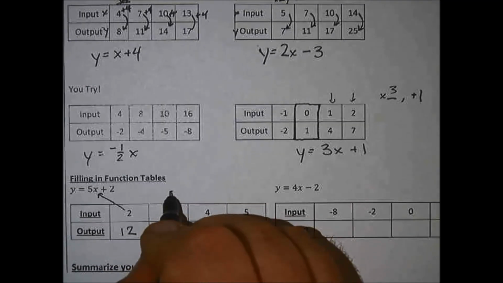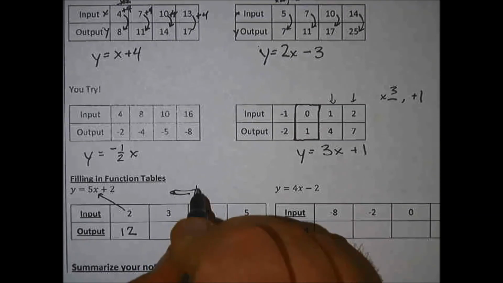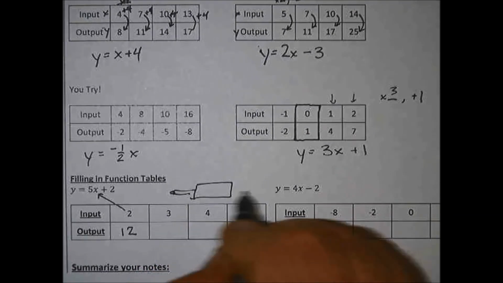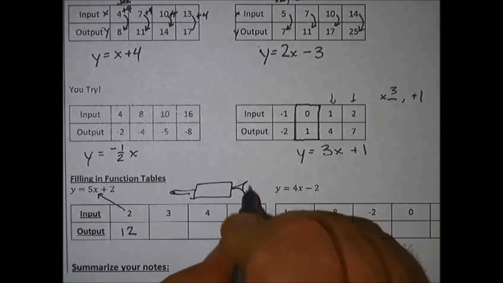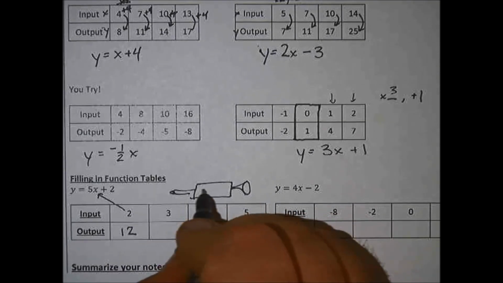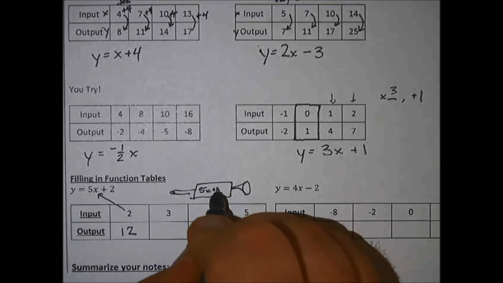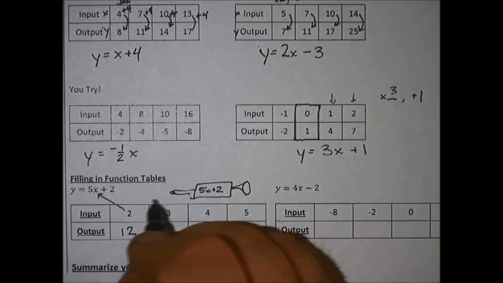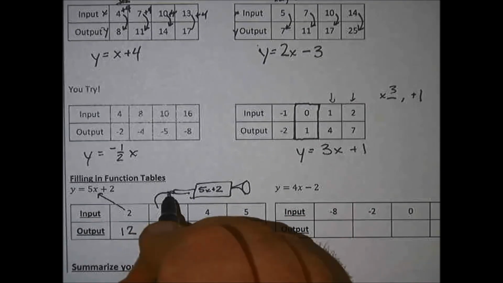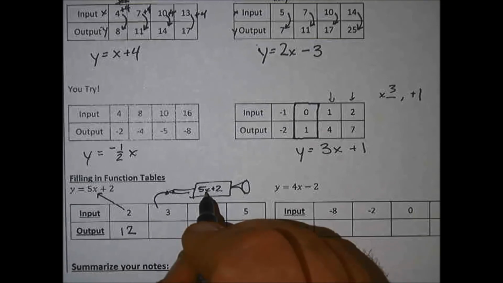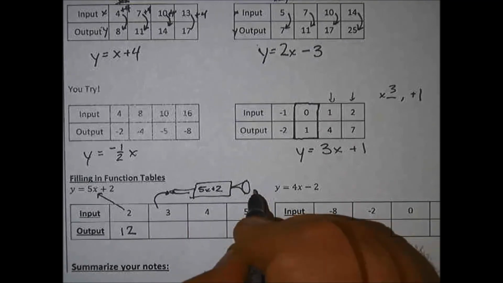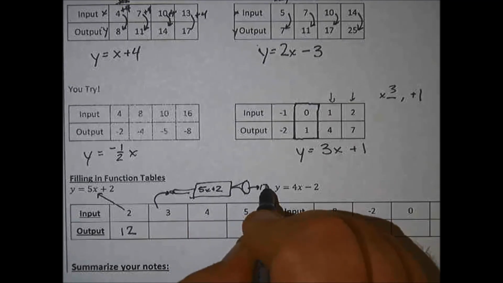Remember that picture I drew? Okay, we have this function machine here, and it's going to spit out a number. Well, that function machine is 5x plus 2. That's what it does when you turn that crank. So you're going to put a 3 in. 3 times 5 is 15, plus 2 is 17.